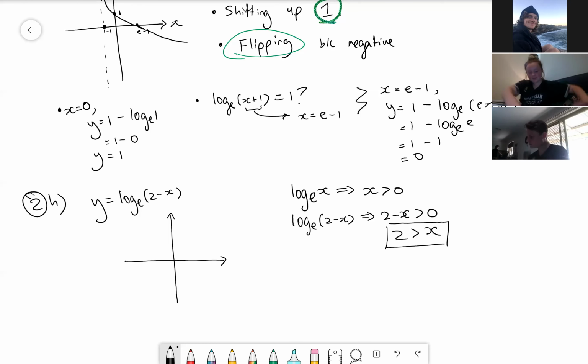Well, let's carry on. So the asymptote would have to be x equals 2. Yeah, perfect. So we know that x is less than 2, so the asymptote would be x is equal to 2.